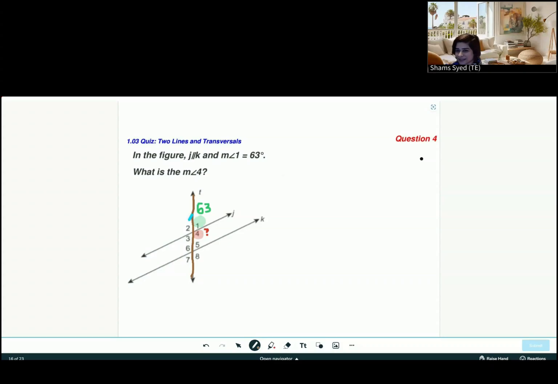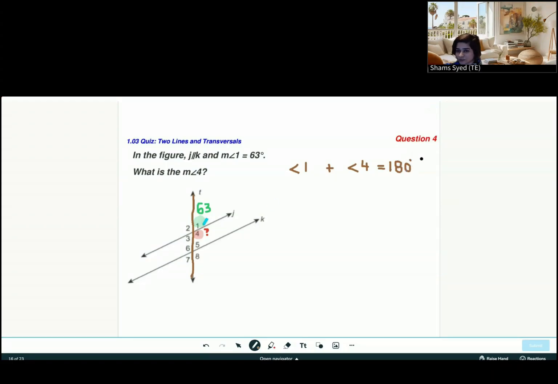If I combine angle 1 and angle 4, I should add up to 180, right? If you combine angle 1 and angle 4, they add up to 180 because they lie on a straight line. Straight lines always make an angle of 180 degrees.